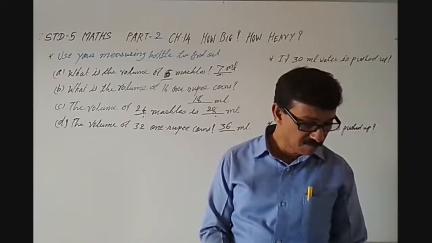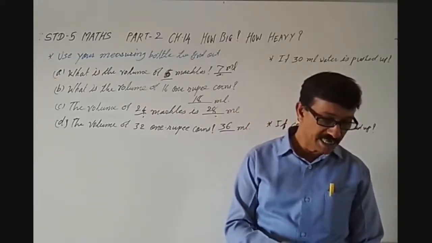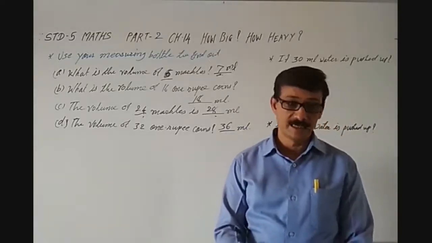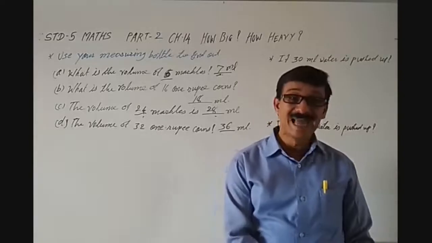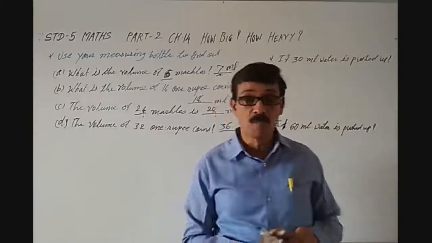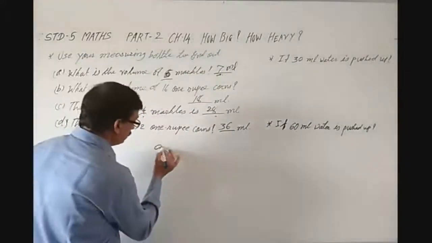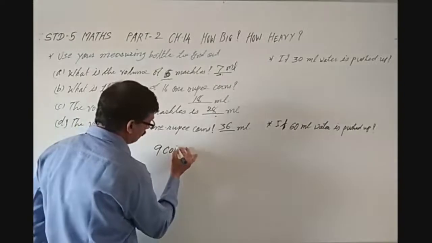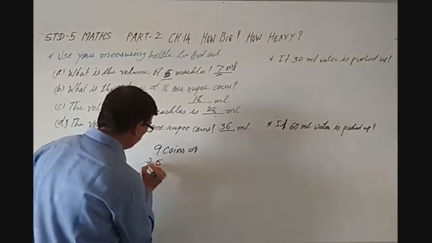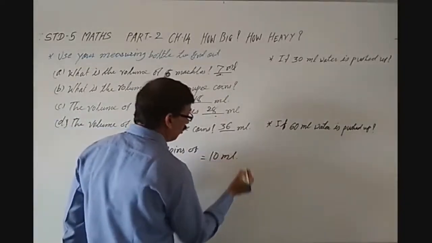Molly puts some 5 rupee coins in the measuring bottle. How many coins has she put in it? See, we know that 9 coins push 10 ml of water. We discussed earlier that 9 coins of 5 rupees push 10 ml of water.